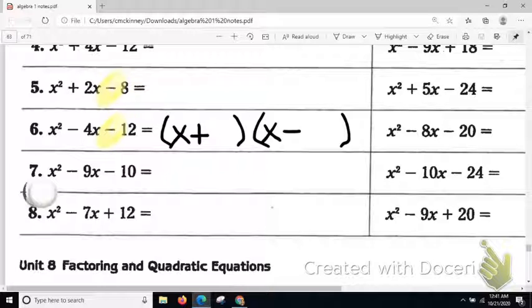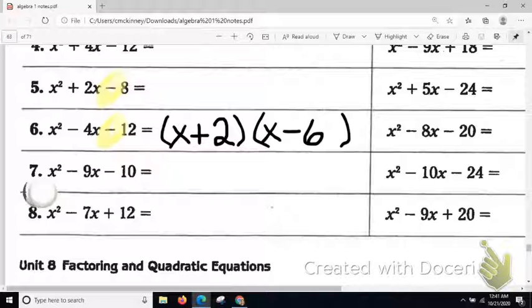So 2 things that multiply to be 12 and subtract to give me 4. And this time the bigger one's going to be the negative. So 6 and 2. Since I wrote my plus over here, I'll have to put my 2 here and my 6 with my minus.